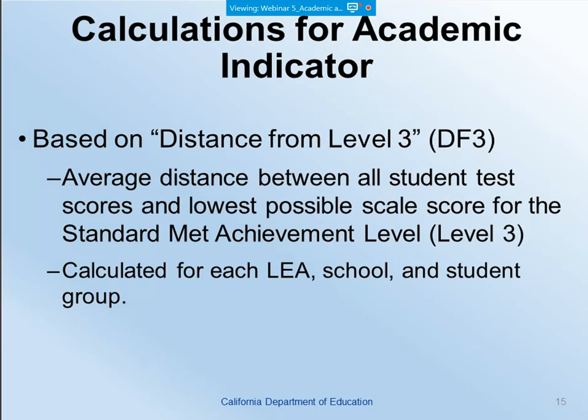So let's look at the calculations for the academic indicator. The status and change for this indicator are calculated using the distance from level 3 methodology. This is the difference between a student's scale score on the Smarter Balanced Summative Assessments and the lowest possible score for that grade level and content area for level 3, which is the standard met achievement level. It's calculated separately for every district, school, and student group.